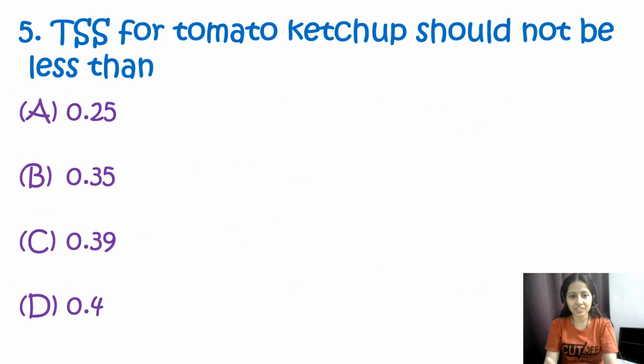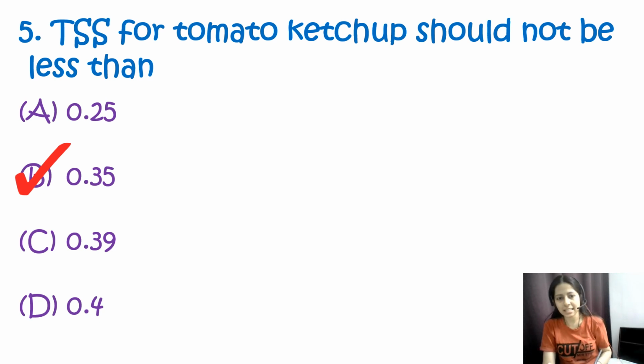Question number 5. The TSS of tomato ketchup should not be less than, options are 0.25, 0.35, 0.39 or 0.4. So over here my correct option will be option B, that is 0.35.